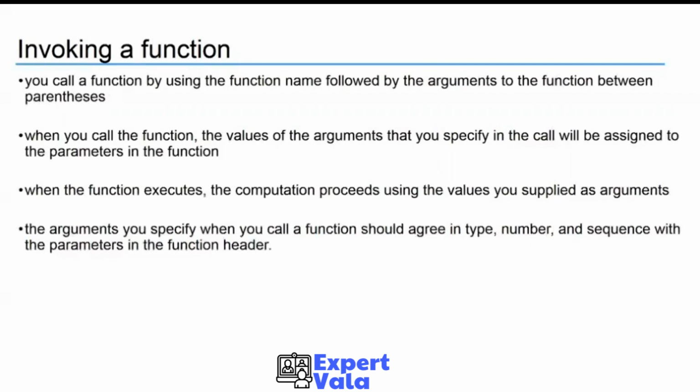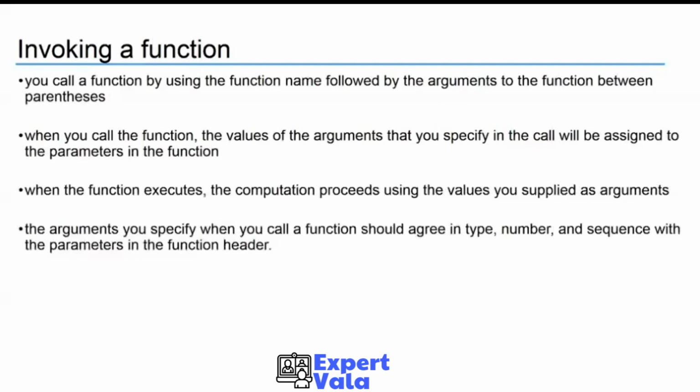You can't pass in the double and then the int. The order is very specific. So make sure you pass the data as arguments the same way the function is declared in the function header, in the parameter list, passing the right type as well.